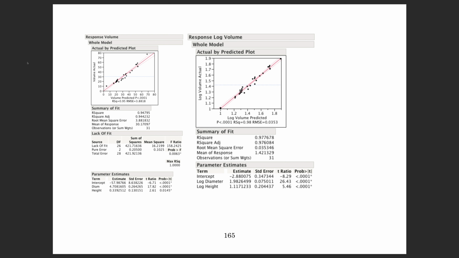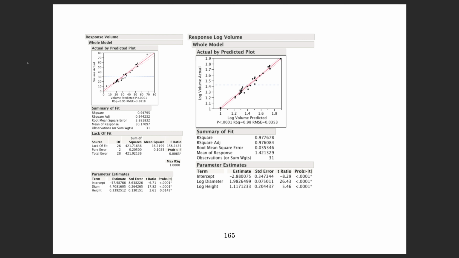If I did the residual plot more carefully, you would see there is probably a missing quadratic term in here. But you can see that the diameter is strongly significant and the height is significant at about 1.5%. Okay, so that's one possibility.